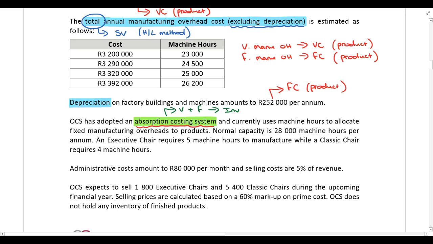This is going to be a product cost that we need to include in the value of inventory. All right, so we know that they've adopted an absorption costing system, and you are told that they currently use machine hours to allocate fixed manufacturing overheads to products. Normal capacity is 28,000 machine hours per annum. All right, so remember, if we want to calculate the allocation rate, we are going to take the budgeted fixed manufacturing overhead and we are going to divide by normal capacity.